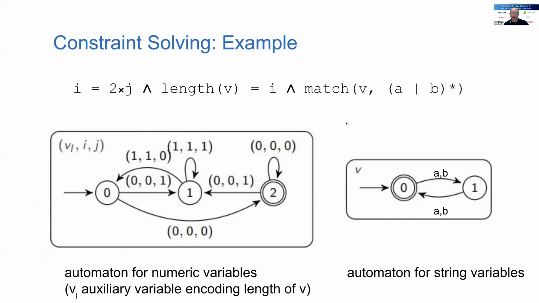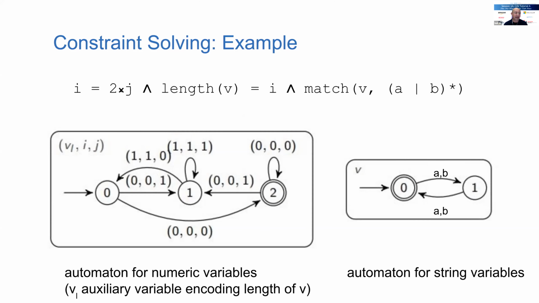So this is a constraint that's a combination of multiple constraints. It says string variable v is constrained by (a or b)*, which basically means the alphabet is restricted to a or b. And the length of the variable v equals the integer variable i, and i is equal to 2 times the value of integer variable j.